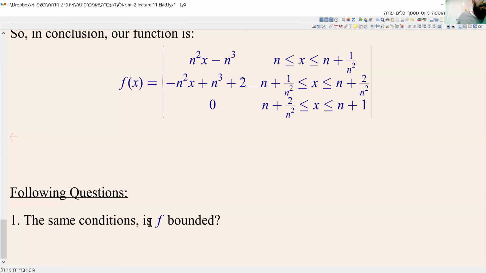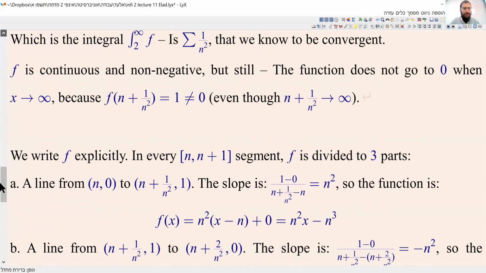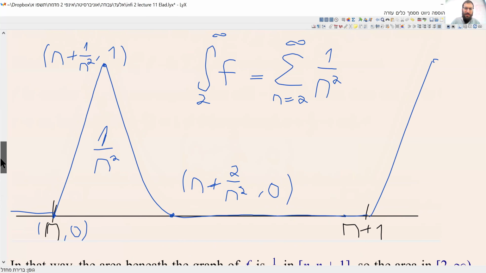Think about the example we just wrote down. How can I change it a bit, so the function will not be bounded, but still be continuous, non-negative with a convergent integral?